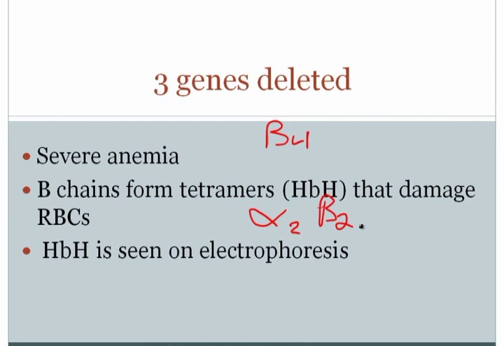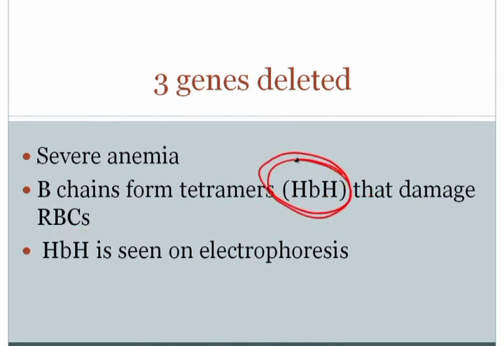However, if the patient doesn't have alpha, then the beta 2 will join with another beta 2, and that would result in a tetramer of beta, and the problem with that tetramer of beta is that it damages the red blood cells. Now, a tetramer of beta is called hemoglobin H. That's important to know. And hemoglobin H would be seen on electrophoresis in alpha thalassemia in which 3 genes are deleted.